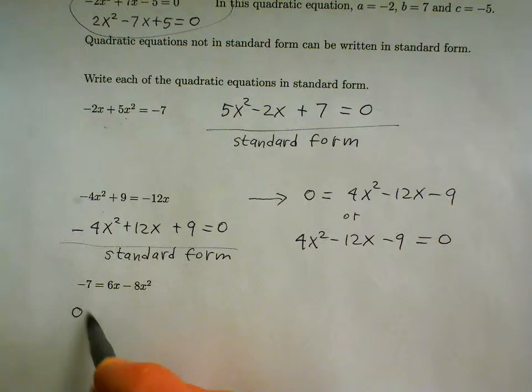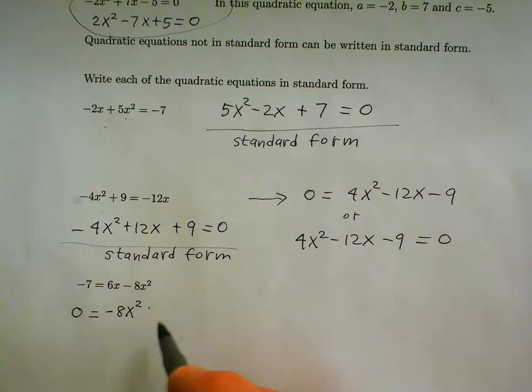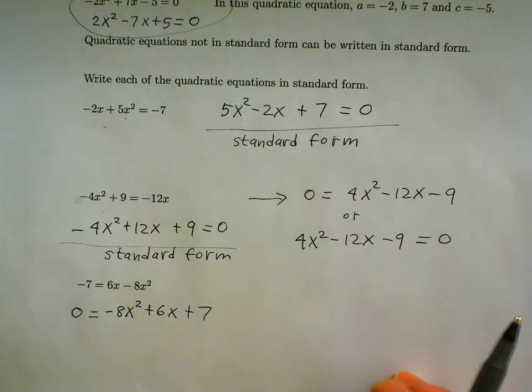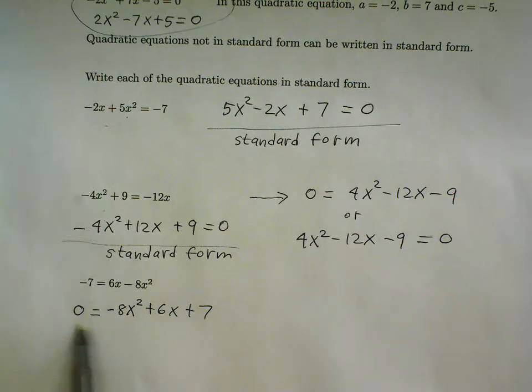So we get 0 equals, and then rearrange the terms so that in the trinomial, the x squared term is the first one. So 0 equals negative 8x squared plus 6x plus 7. So this is fine. You can leave it like this.